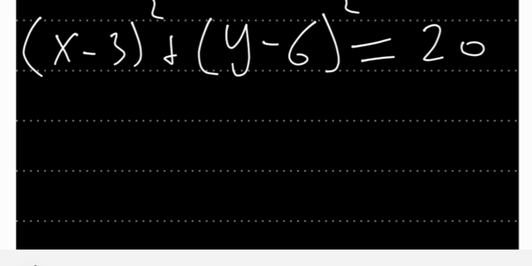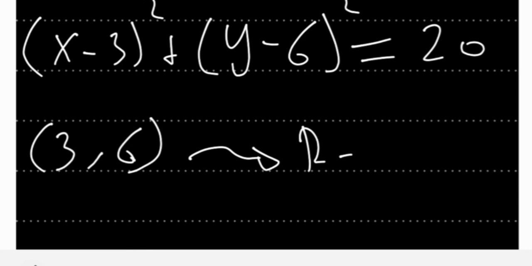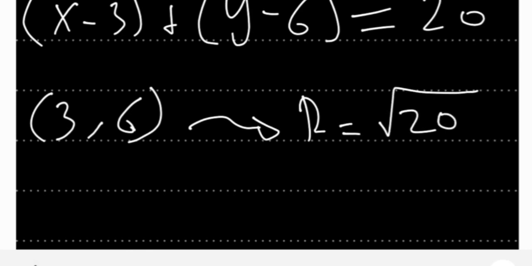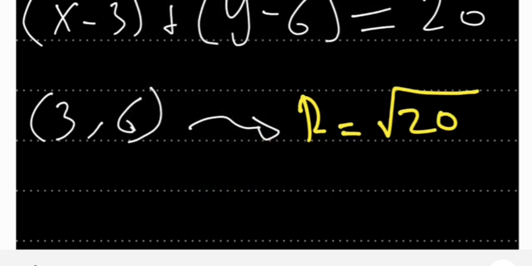So this is a circle with center 3 in x and 6 in y, and this is the radius squared. So our radius is equal to the square root of 20, okay? These are informations that are helpful.